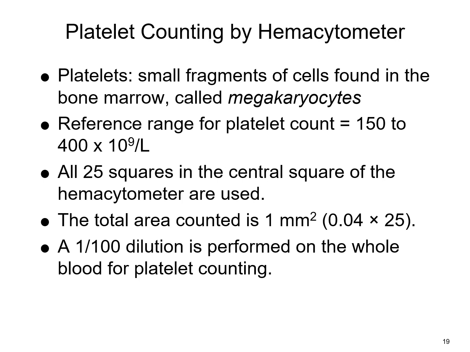So next we're going to talk about platelet counting by the hemocytometer. So platelets, just as a reminder, are fragments of cells that are found in the bone marrow, those megakaryocytes, and so platelets are actually broken off fragments of those cells, and they will actually start the coagulation process. So for platelets, we count all 25 squares in the center of the hemocytometer, so that one center square, and we're going to count all of the smaller 25 squares that's within that larger square.